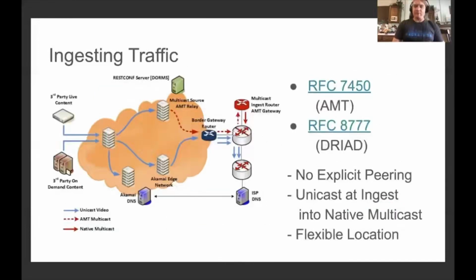The way the ingest works is spelled out in these 2 specs. The AMT establishes a unicast UDP-based tunnel that contains native multicast traffic.